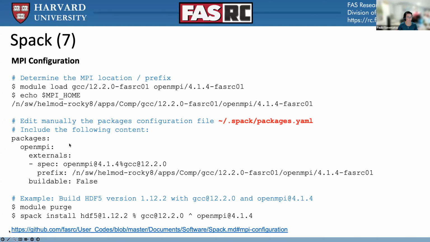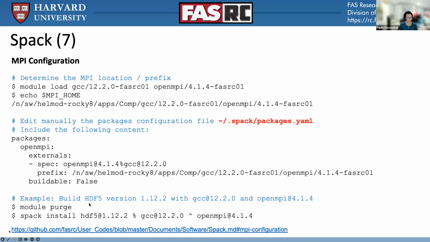If you also would like to configure MPI for Spack, you have to do a similar approach. You load GCC 12 and OpenMPI. You find where MPI is located. You add that to the packages.yaml file, and you tell where OpenMPI is located, and you have to specify that it's OpenMPI, the version that you have, and the compiler that this OpenMPI is compiled with.